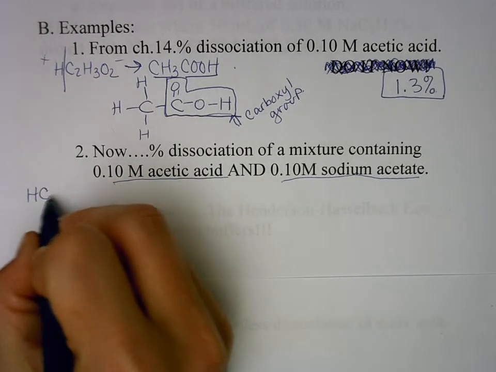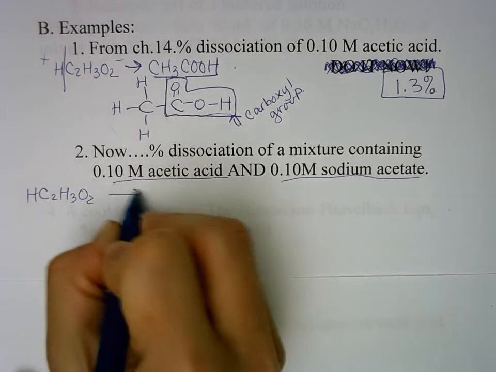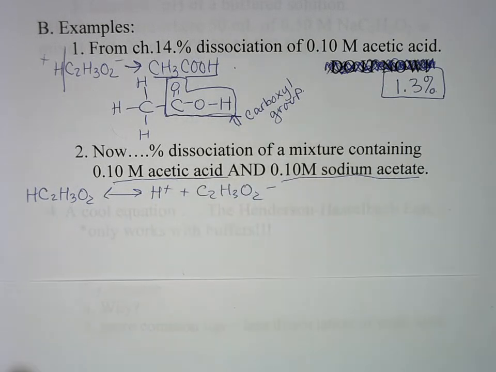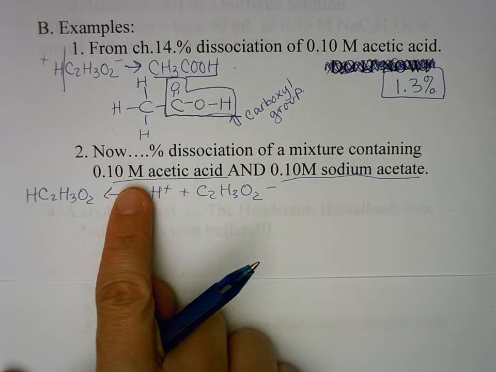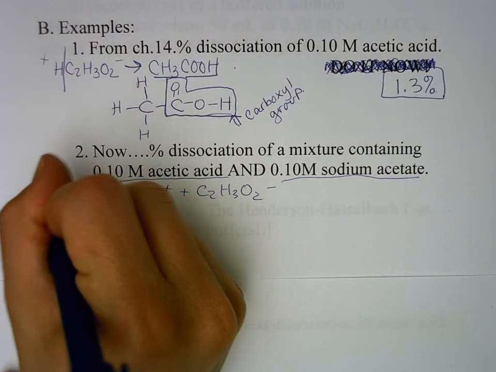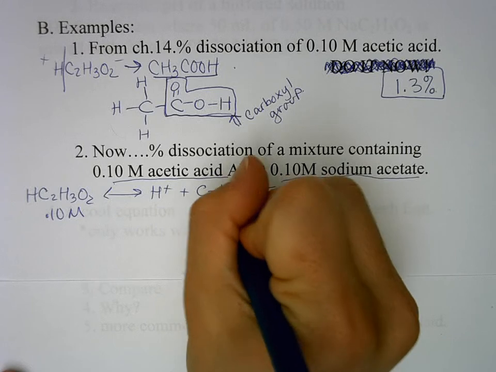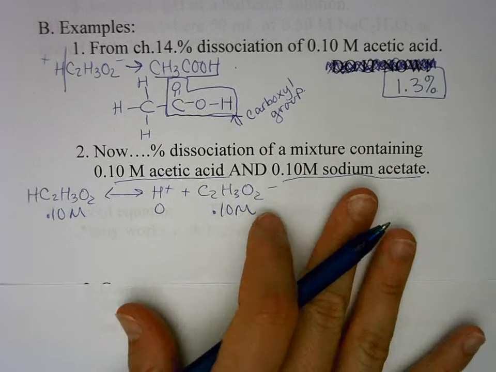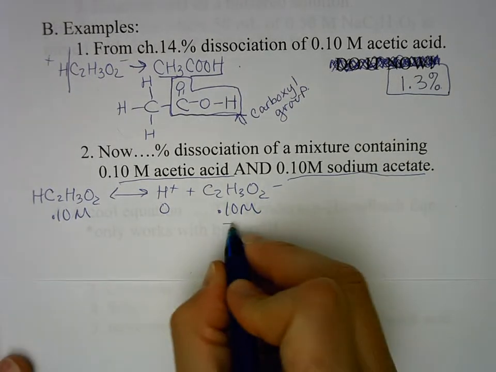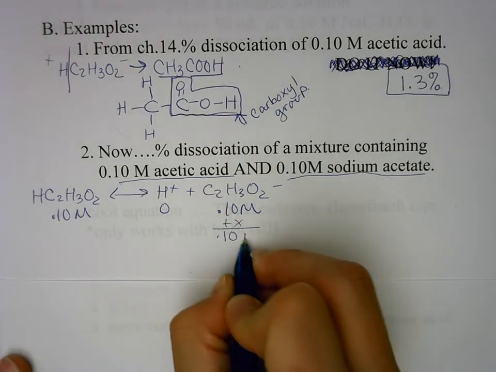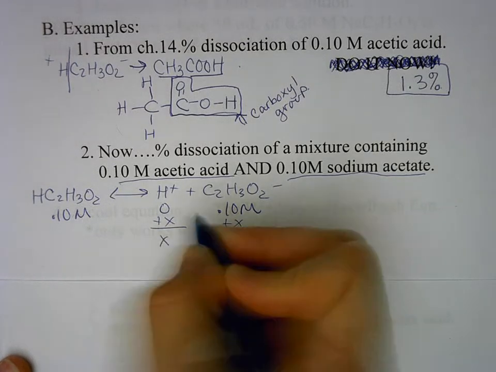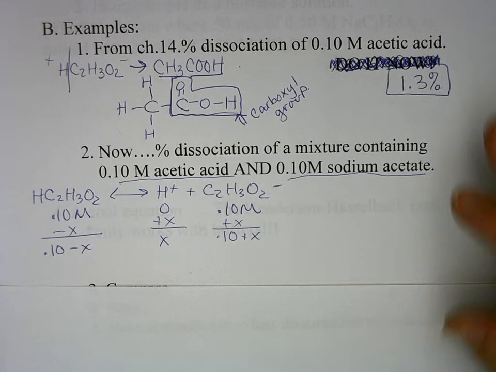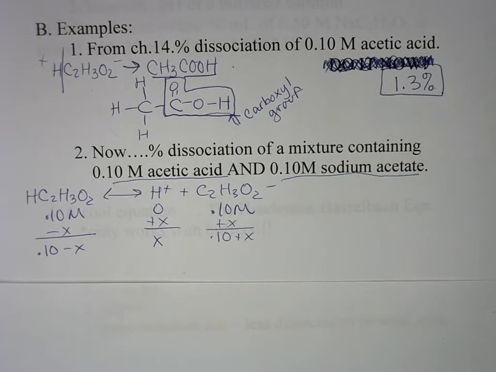I'm going to write out my dissociation equation for acetic acid: hydrogen ions, acetate ions. My starting concentration is 0.1 molar here, 0.1 molar here, 0 there. If you set up your ice table, you get 0.10 plus x, x, and 0.10 minus x. You would also be given the Ka values anytime you need them.